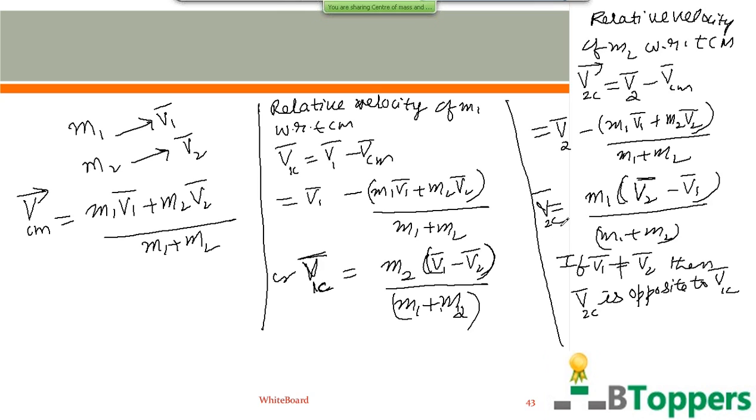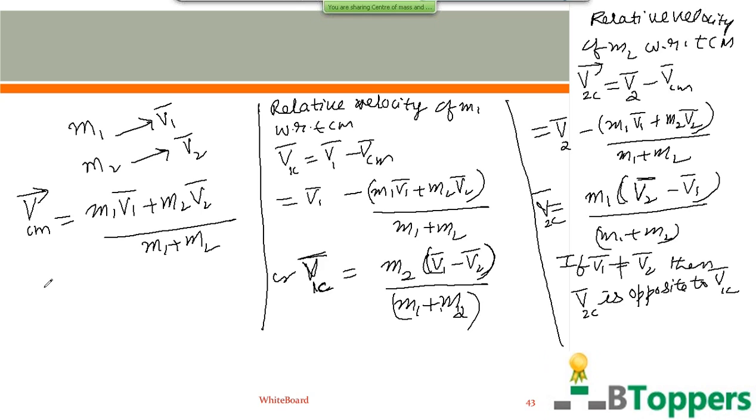So the direction of the relative velocity of m2 with respect to the center of mass will be opposite to the direction of velocity of m1 with respect to center of mass. That means if the two point masses m1 and m2 are moving with different velocities with respect to a stationary observer on the earth, or with respect to the laboratory frame of reference, then with respect to the center of mass frame, the two particles appear to move in opposite directions.